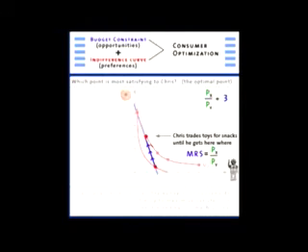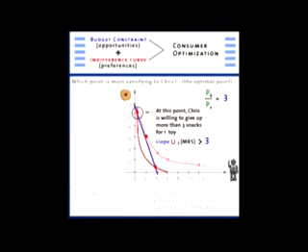Look at this point up here. At this point, the marginal rate of substitution is very high, higher than 3. That is, Chris would be willing to give up more than 3 snacks to get an extra toy. Aha, but the market will only charge him 3 snacks. He's willing to give up 4. So what's he going to do? He'll give up the 3 snacks and take an extra toy, and he's better off.